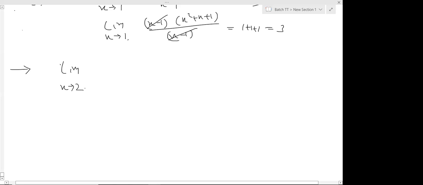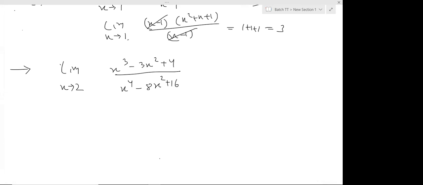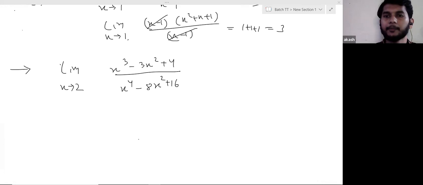Limit x tending to 2 of (2x cube minus 3x square plus 4) upon (x to the power 4 minus 8x square plus 16). Please try to evaluate this. You guys know how to factorize a cubic polynomial, right?